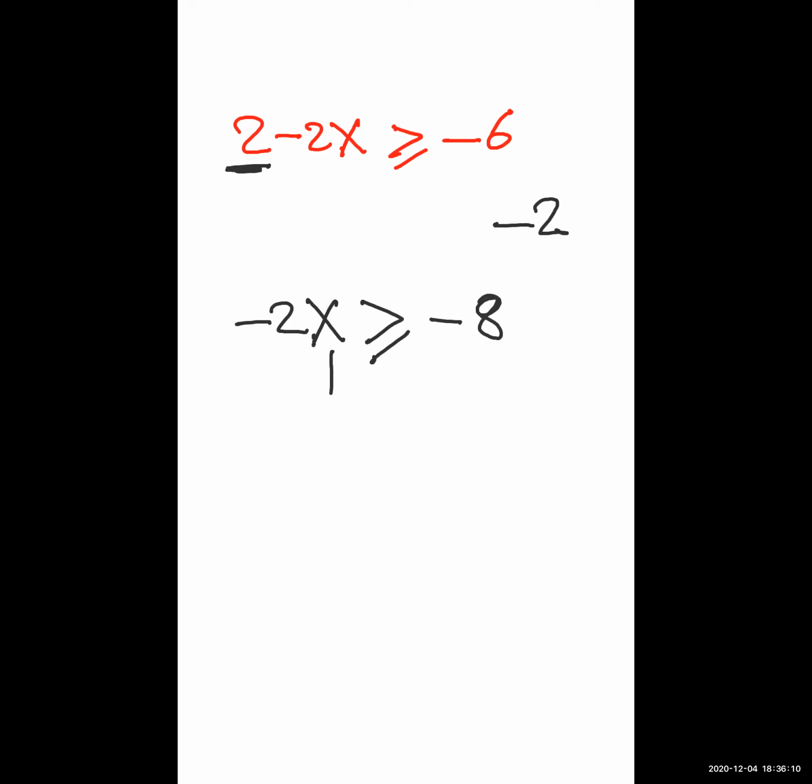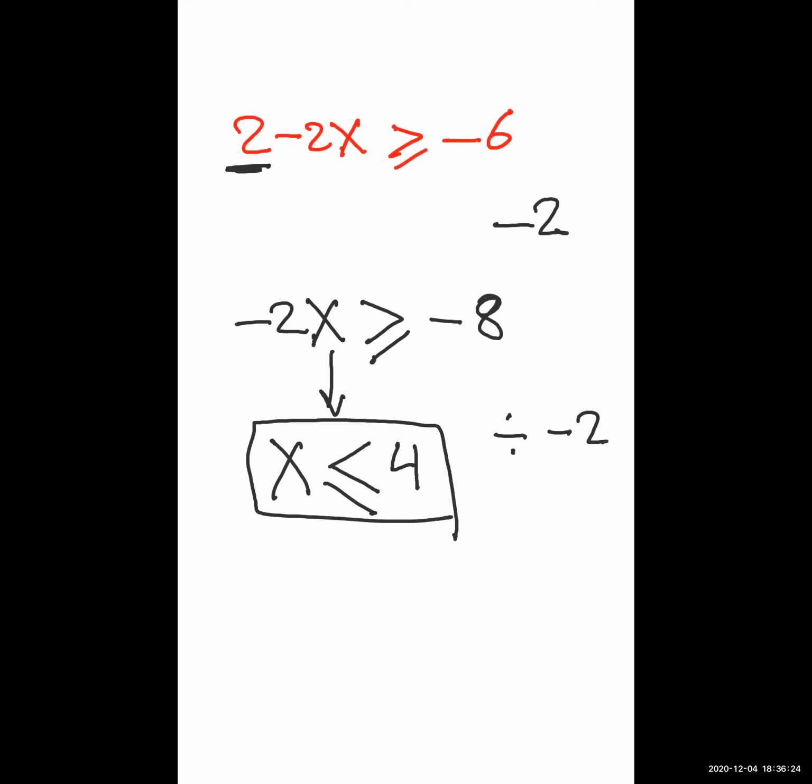I want to get x, so divide by negative 2. I'm dividing by a negative number, so it changes the symbol like this. So x less than or equal to 4. I just divided -8 by -2, so it equals +4.